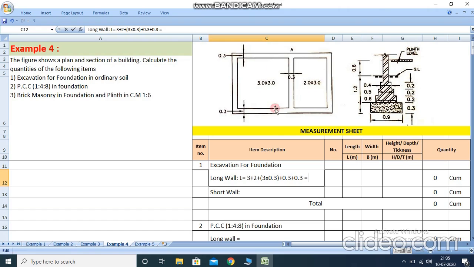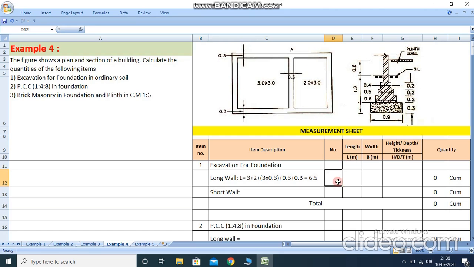So now the summation of the long wall is 3 plus 2 plus 0.9 plus 0.3 plus 0.3. So the total value we got is 6.5 meter. So 6.5 meter is the total length of the long wall. What do we write in the number? The number is the total count of same-length walls, and 2 walls are given.